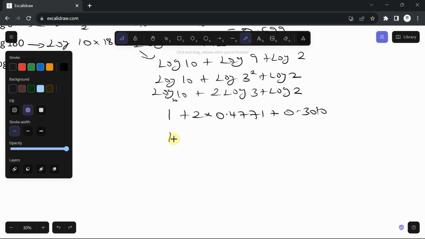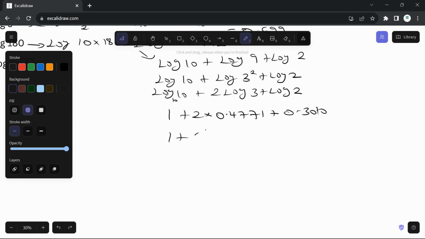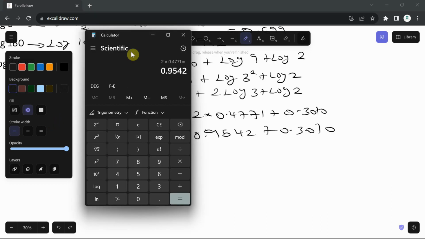So this is 1 plus 2 times 0.4771, that will give us 0.9542, plus 0.3010. So now let's add all of these things together.